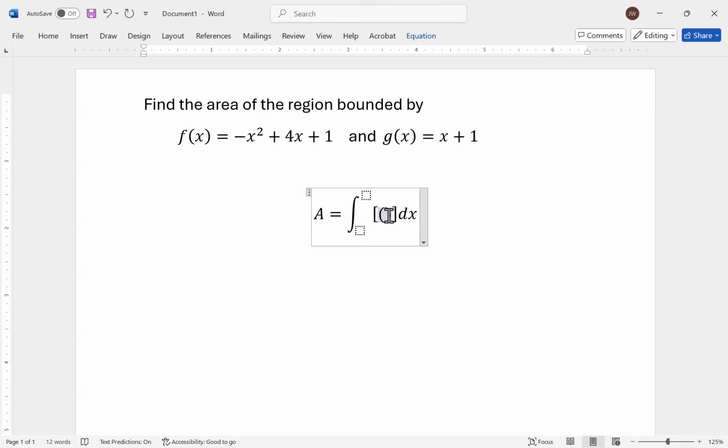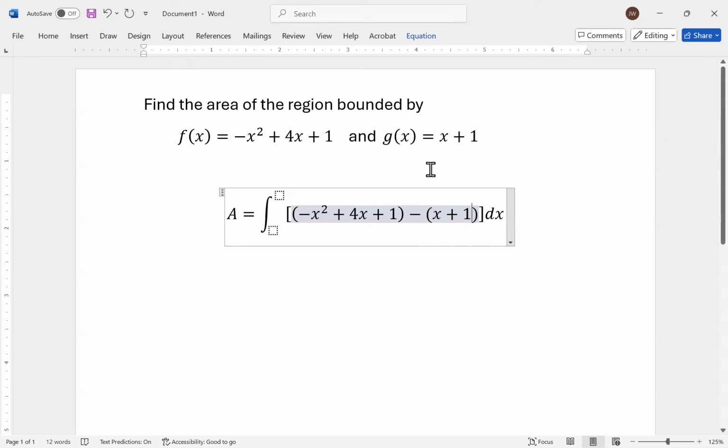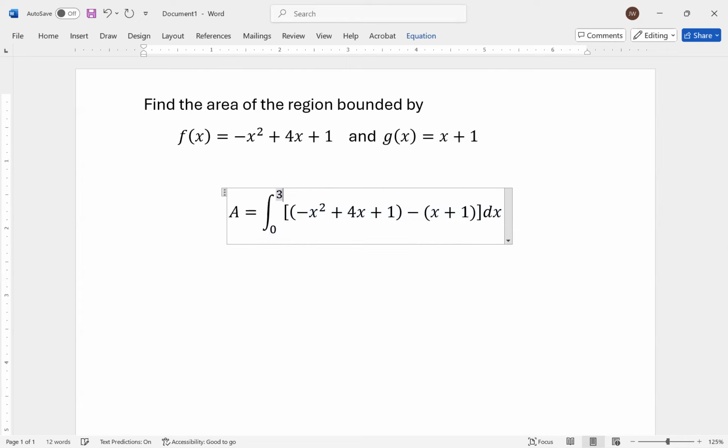We take the expression for f, which is negative x squared plus 4x plus 1, in parentheses, and subtract the expression for g, which is x plus 1. Just make sure that that is also in parentheses. And we're going to be integrating, like we said, we found that the bounds go from 0 to 3.